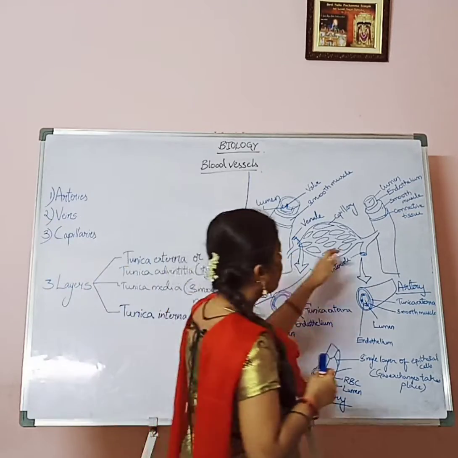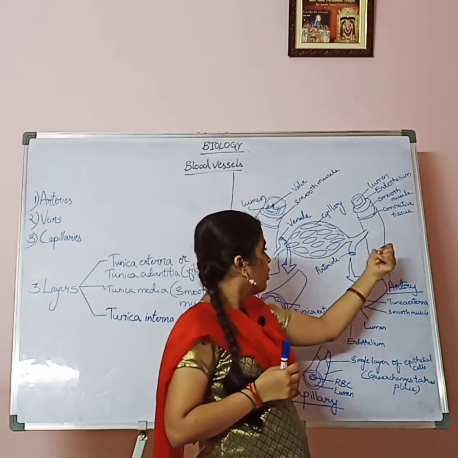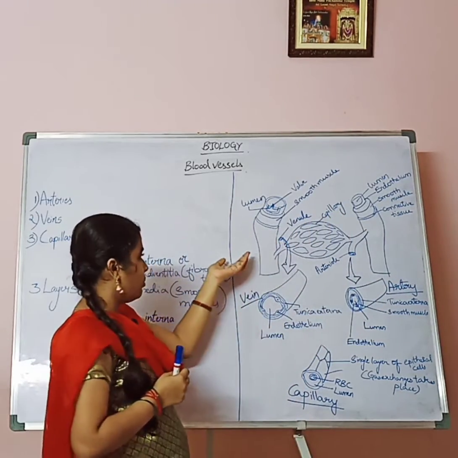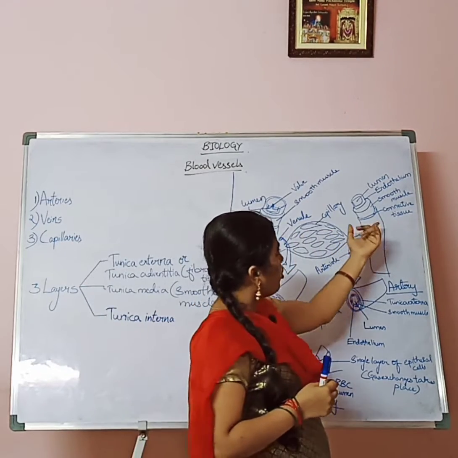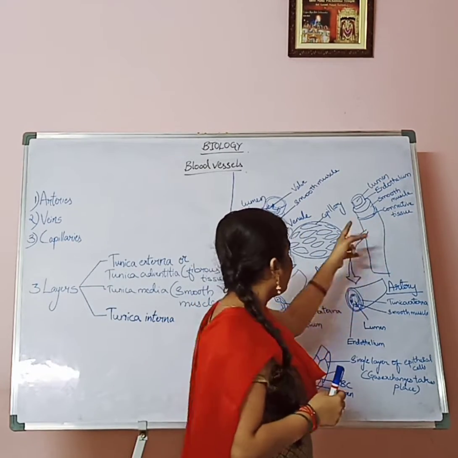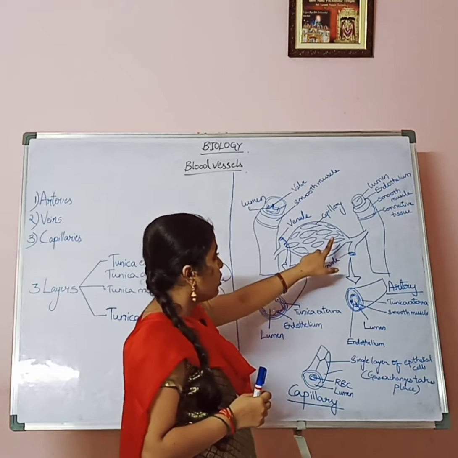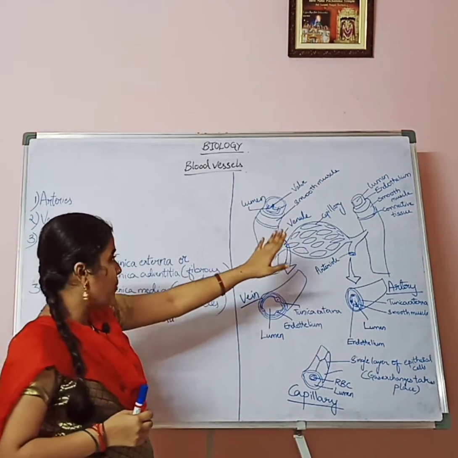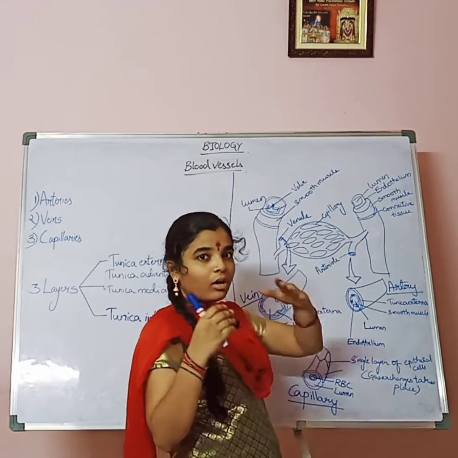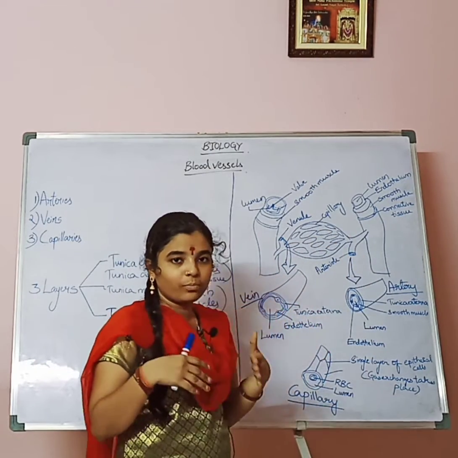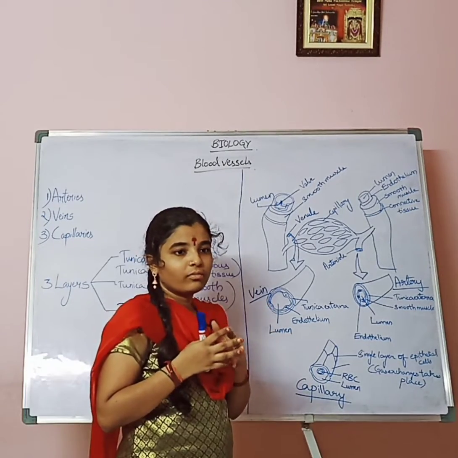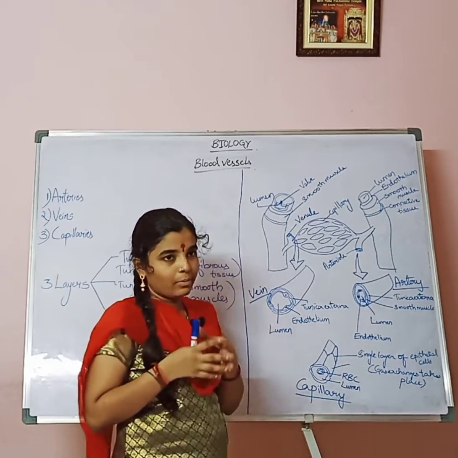Arteries consist of oxygenated blood and veins consist of deoxygenated blood. When the oxygenated blood from the arteries enters the capillaries, diffusion of oxygen and carbon dioxide takes place. Whatever metabolic activities take place in our body, metabolic waste is produced, that is carbon dioxide.